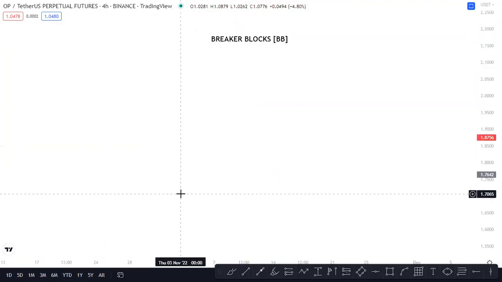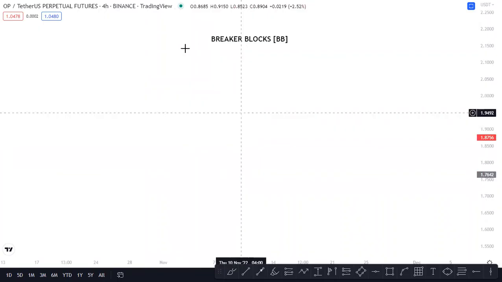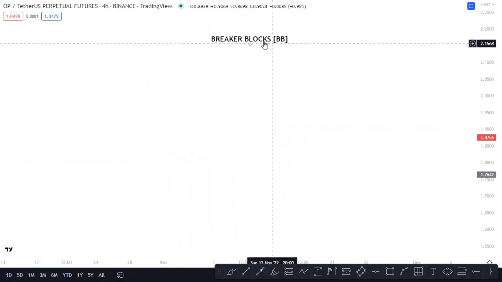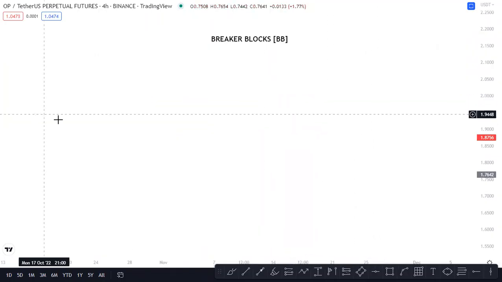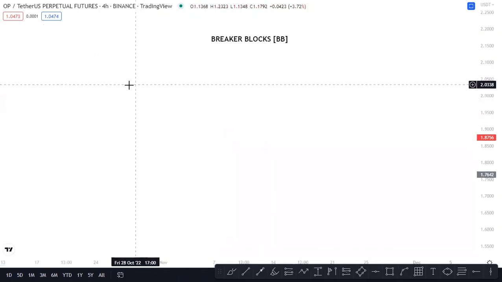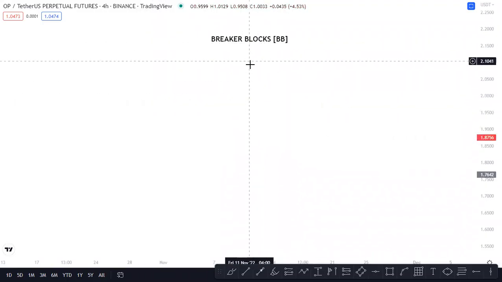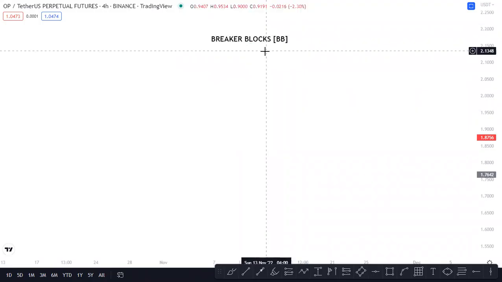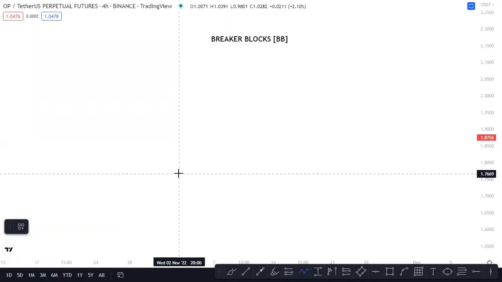If it's a bullish order block, then it gets flipped and becomes a bearish breaker block for price to sell from. And if it's a bearish order block, price flips that order block and it becomes a bullish breaker block for price to buy from.